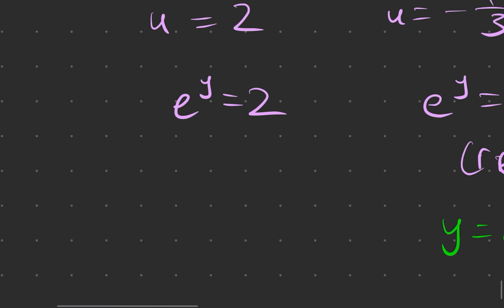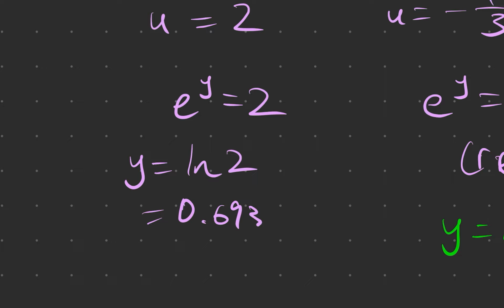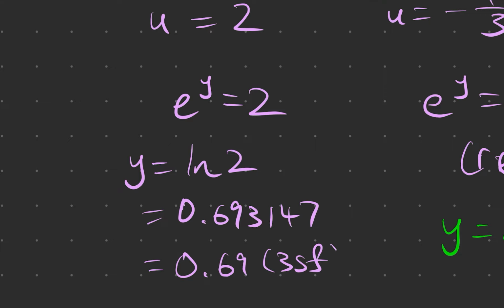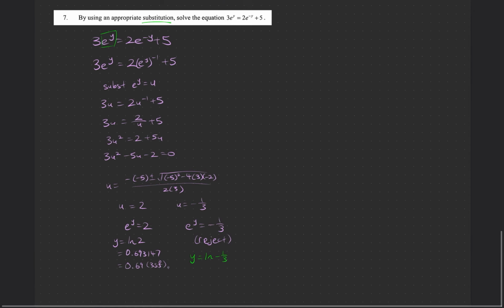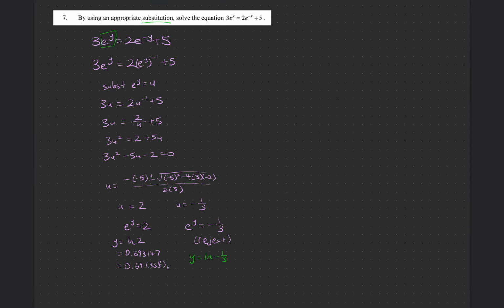If we focus back on here, y equals natural logarithm of 2, which gives us 0.693147, and I'm going to round it off to 3 significant figures, so 0.69. Alright, let's move on.